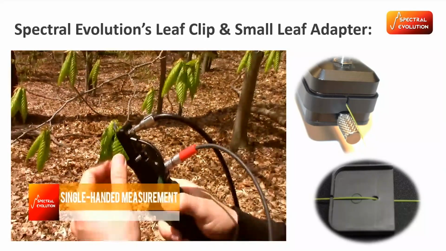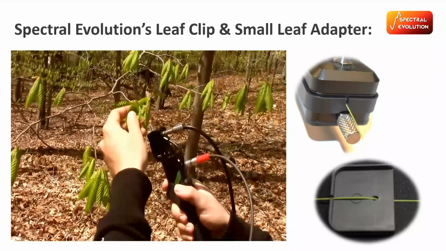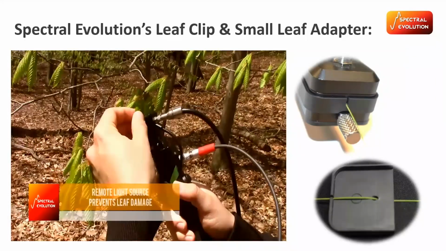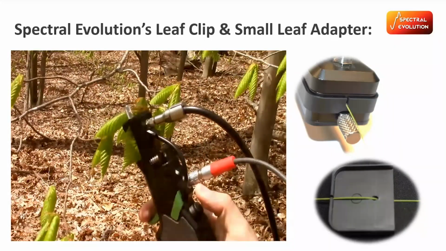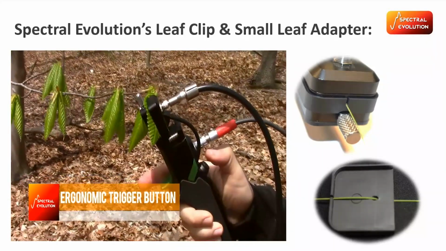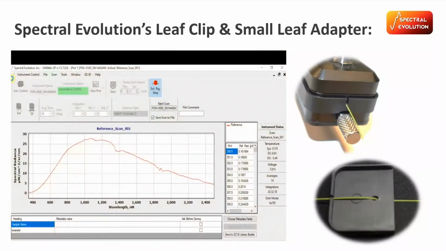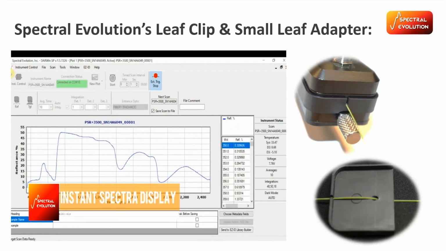So with this leaf clip, what we've done is we have a tungsten halogen light source internal to the leaf clip, and that fiber optic you can see at the top actually takes the light source away from the sample, ensuring that we don't dry out the leaf or burn a hole in the leaf. It takes out that thermal component.